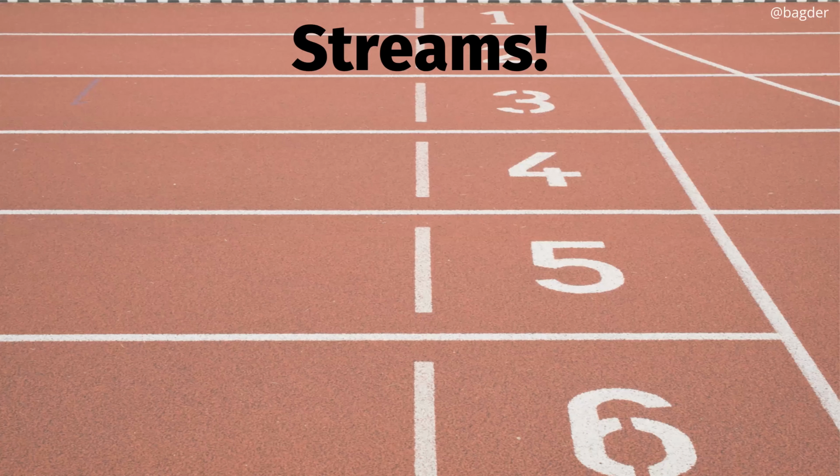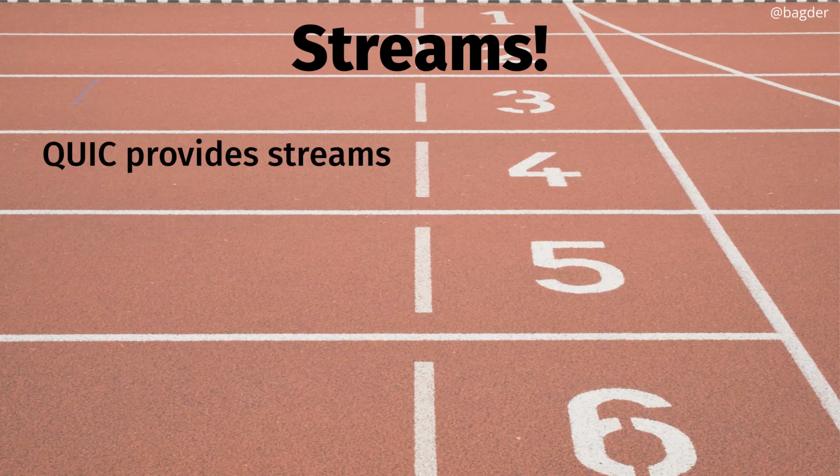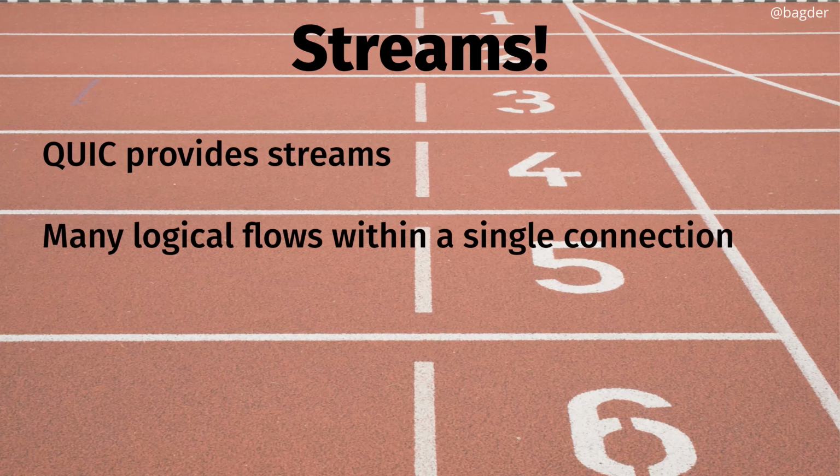With Quick, we get streams, the same way that we got streams previously in HTTP2, but now we get it in the transport protocol. It has been done before, but now we get streams in the transport protocol that we didn't have with TCP. That means we have many logical flows within a single connection.